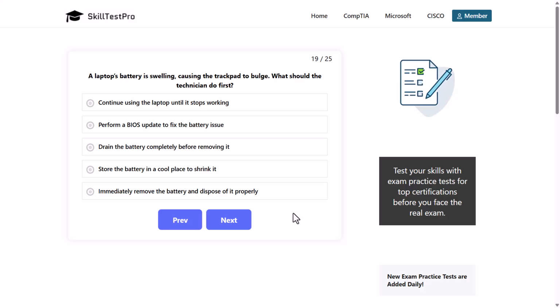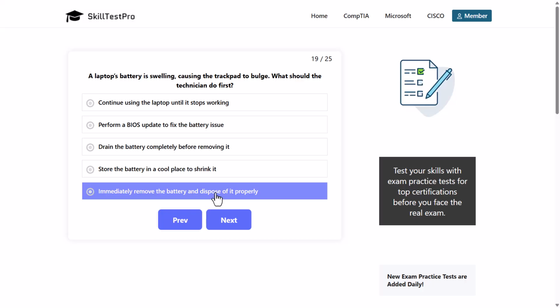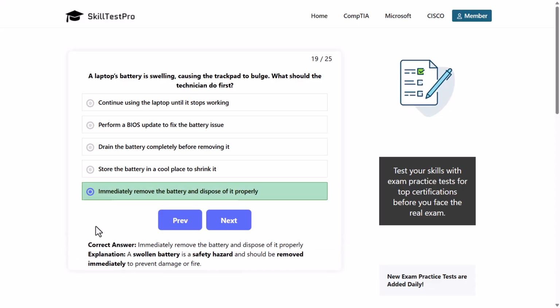And always remember, guys, whenever it comes to batteries, with swelling batteries, with any problems related to batteries, the first thing you will do is remove that battery. You would take it out. So immediately remove the battery and dispose of it properly. You would throw it out properly, as this can cause damage, as a battery contains different chemicals and it can also explode.